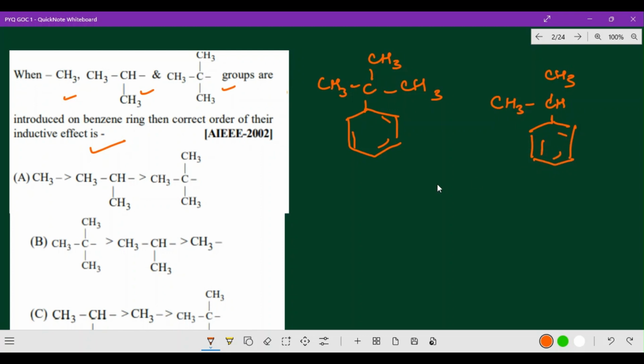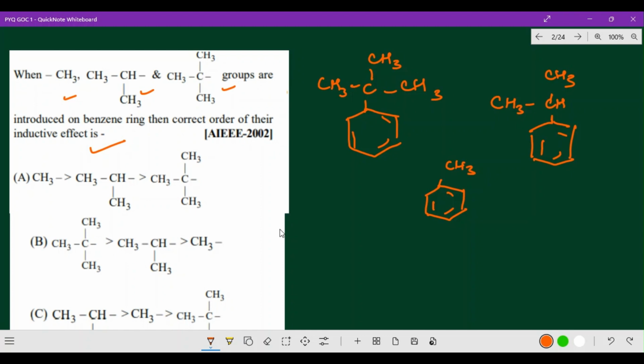Then the third one is the methyl group attached to that benzene ring. This is what they mentioned. So tertiary, secondary, primary introduced on the benzene ring, and then the correct order of their inductive effect. Naturally, what is your correct answer?